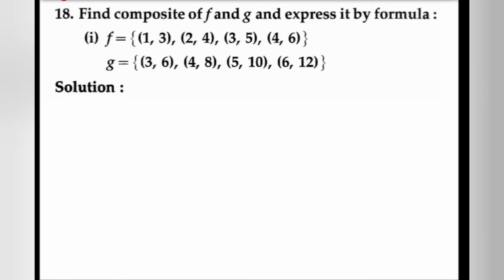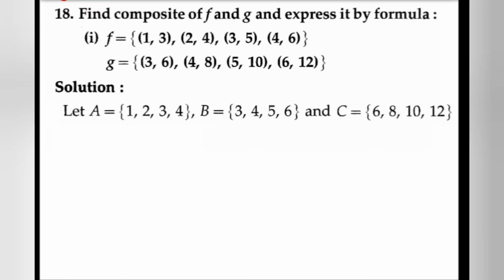Solution. Number 1. Let A is equal to set of 1, 2, 3, 4. B is equal to set of 3, 4, 5, 6. And C is equal to set of 6, 8, 10, 12.